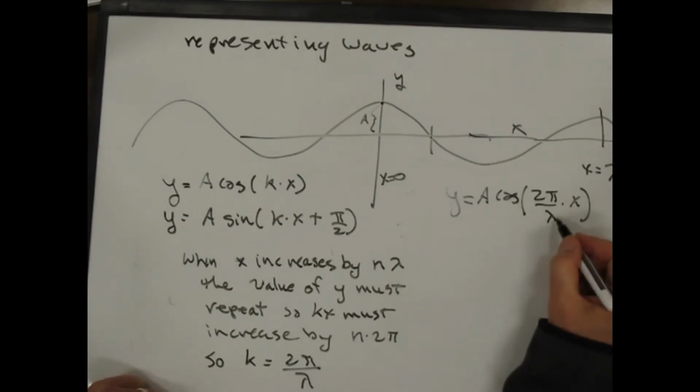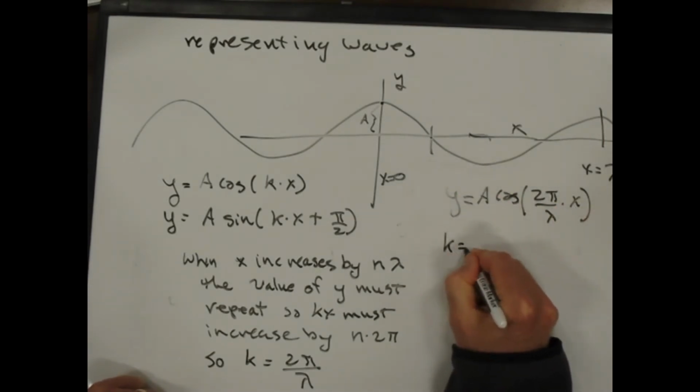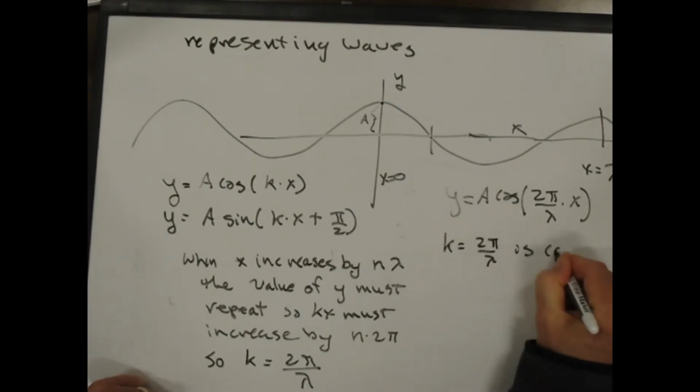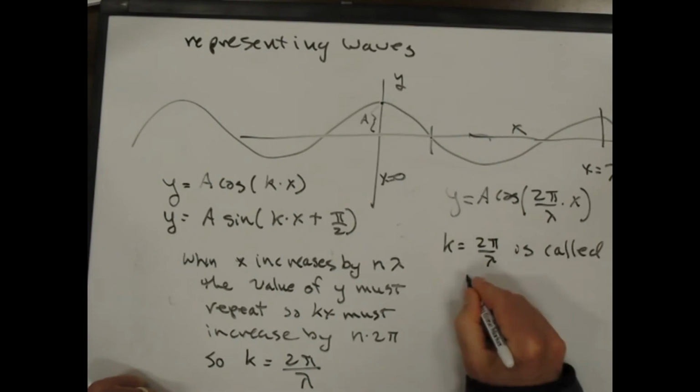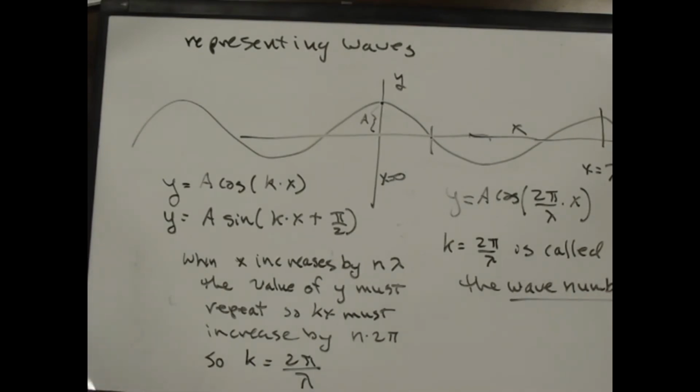Anytime x increases by lambda, the whole argument to the cosine increases by 2 pi, and I get the repetition. And so k is equal to 2 pi over lambda. It's often called the wave number.